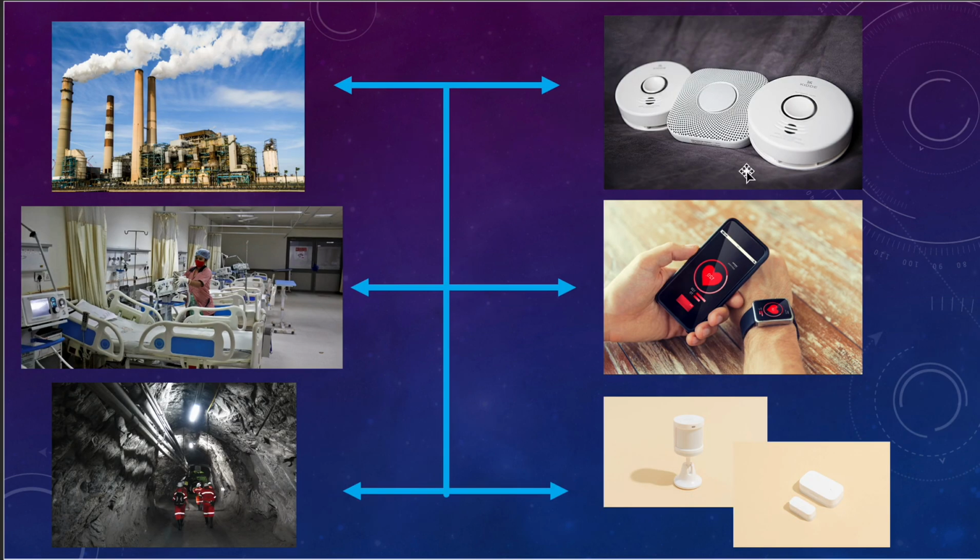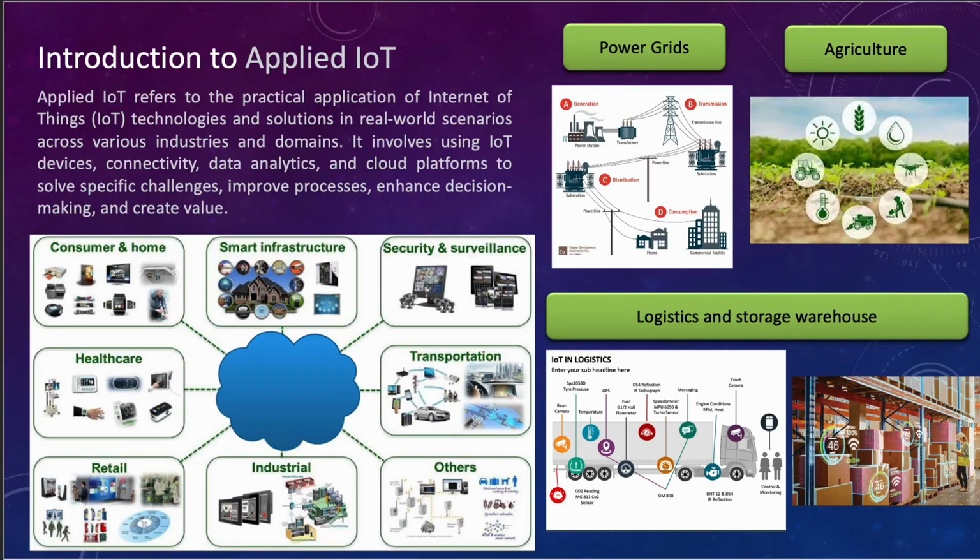Then we looked at a mix and match of different IoT devices working in different environments, industries, or domains, and how we can apply them. Then we took an introduction to applied IoT, and I will read through it again.